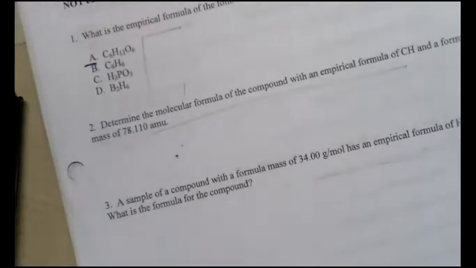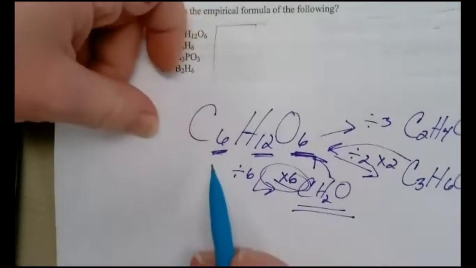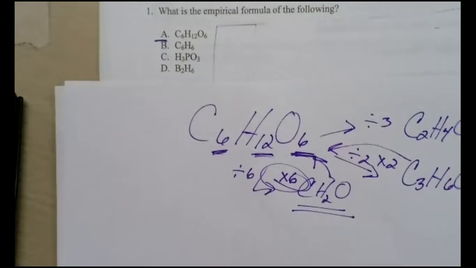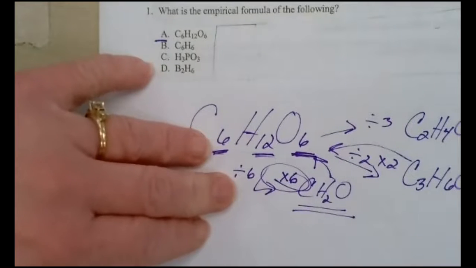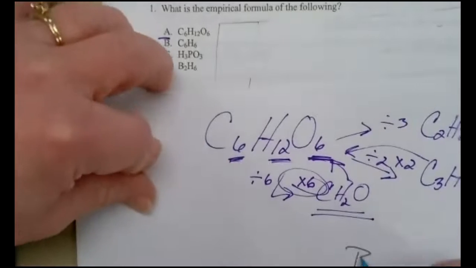Remember, how did we recognize that this was a molecular formula? We could reduce it down by a factor and then get other whole number ratios. B2H6.